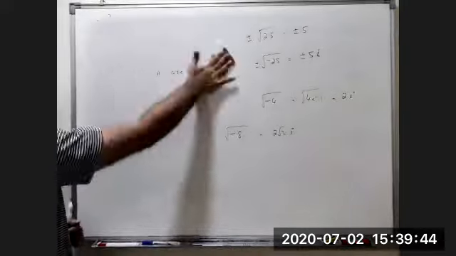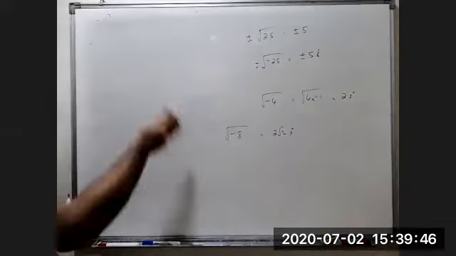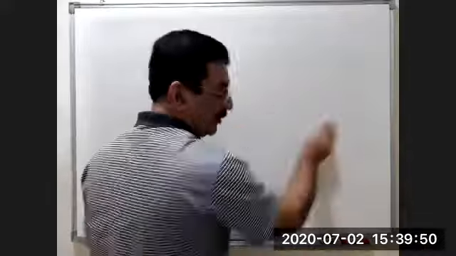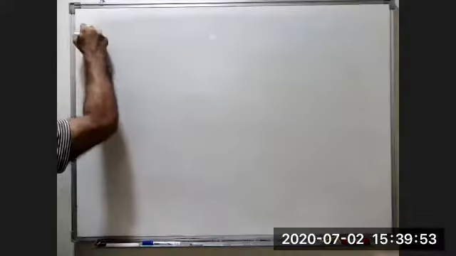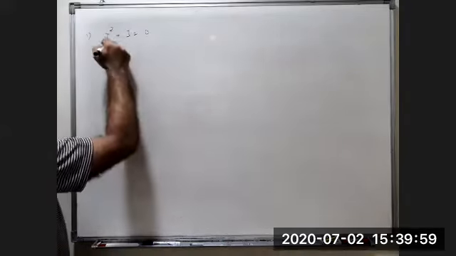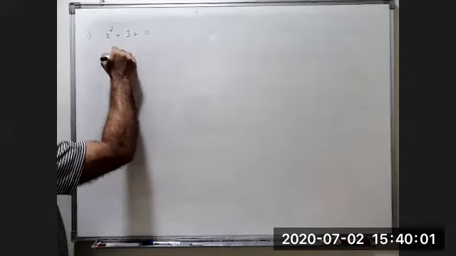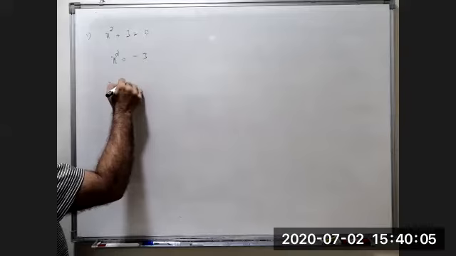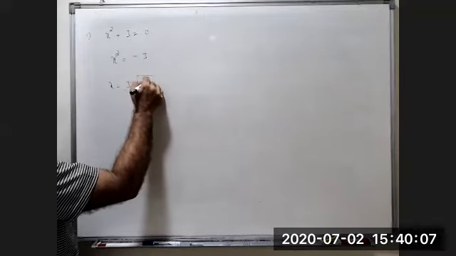Exercise 5.3, question number 1. Question number 1 is x squared plus 3 is equal to 0. If x squared plus 3 is 0, you know how to solve it. x squared is equal to minus 3. x is equal to plus or minus root of minus 3.